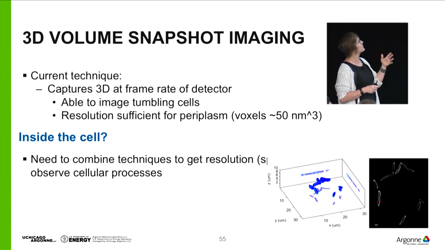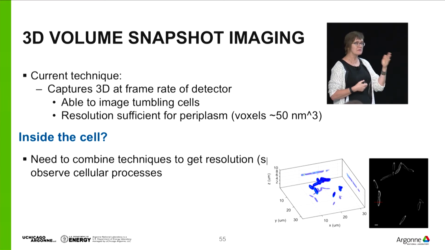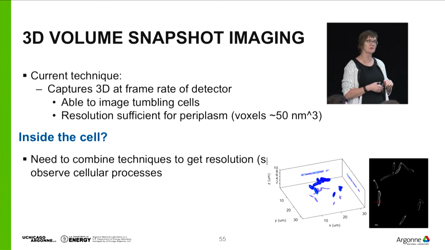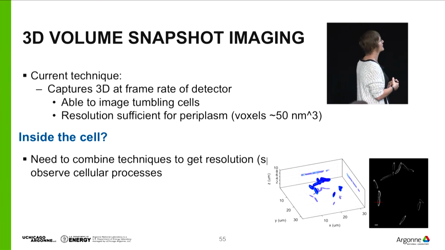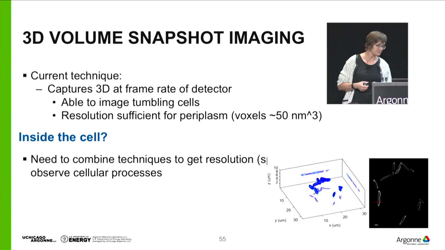And we're able to capture these tumbling cells and get the resolution to see things like the periplasm. But next, we'd like to go a level lower and actually see inside the cell. So we're going to need to invoke some of these other techniques, like the interferometry and the structured illumination, to get the spatial and temporal scales we need to see inside the cell.